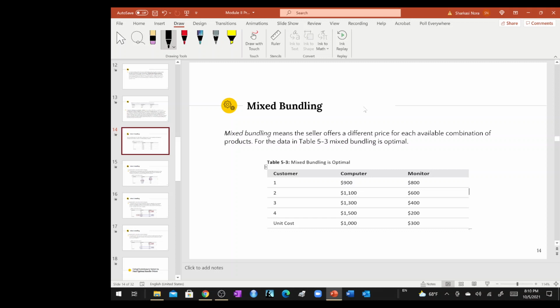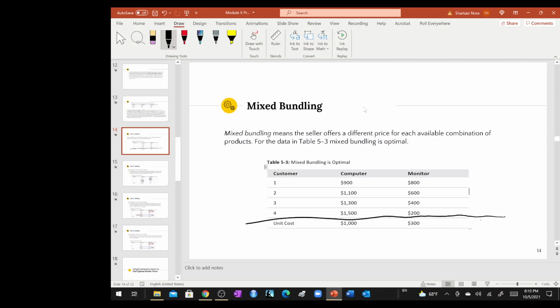And each segment of customers, as you can see here, values the computer and the monitor differently. In this example also, we added the unit cost. So we're not talking about revenue only, we're talking about a unit cost and how the unit cost will help in determining the profitability also of different pricing.